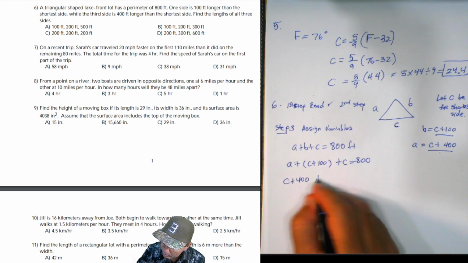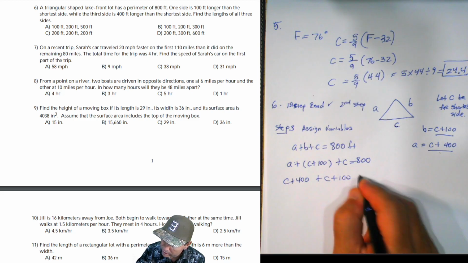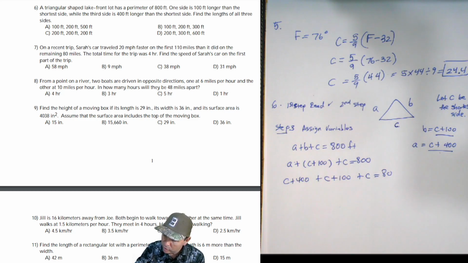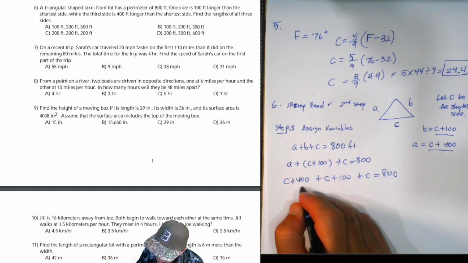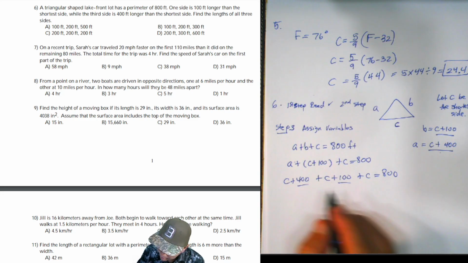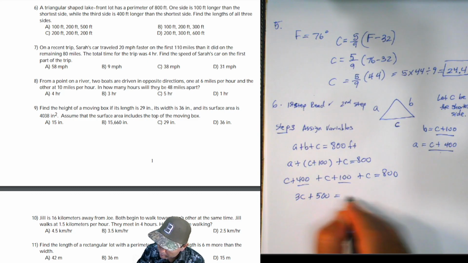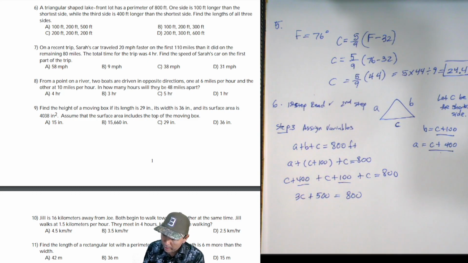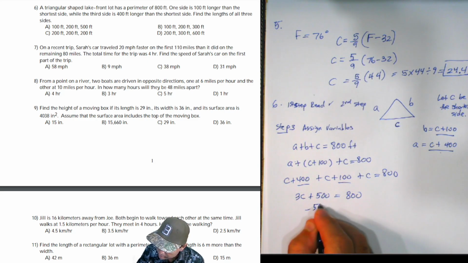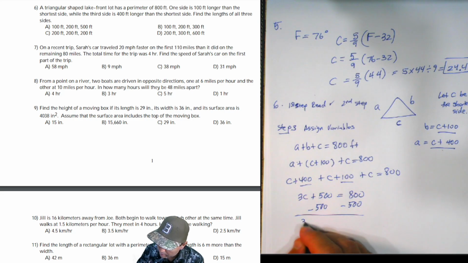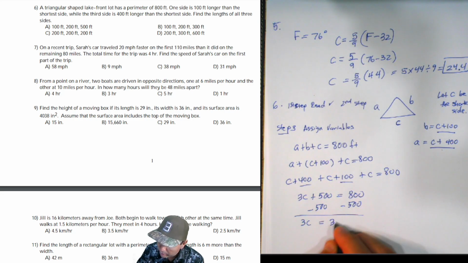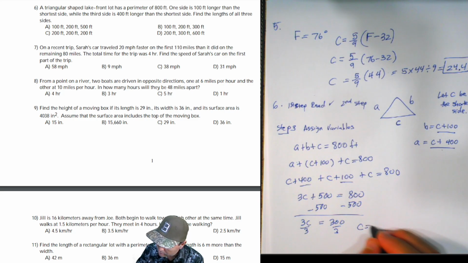And notice now we have everything in C. And it's absolutely solvable now. Because if I just combine like terms, we have 3C plus 500 is equal to 800. And now I subtract 500 from both sides. We're going to get 3C equals 300. We divide everything by 3. We get C equals 100.